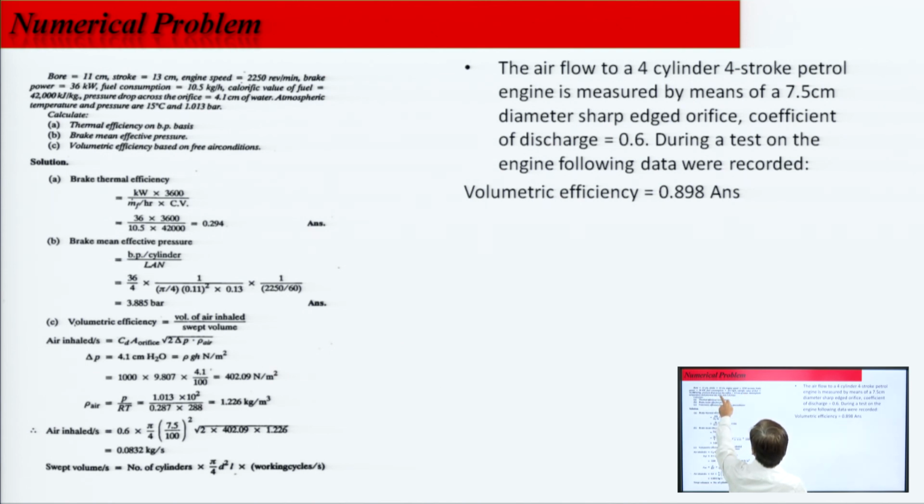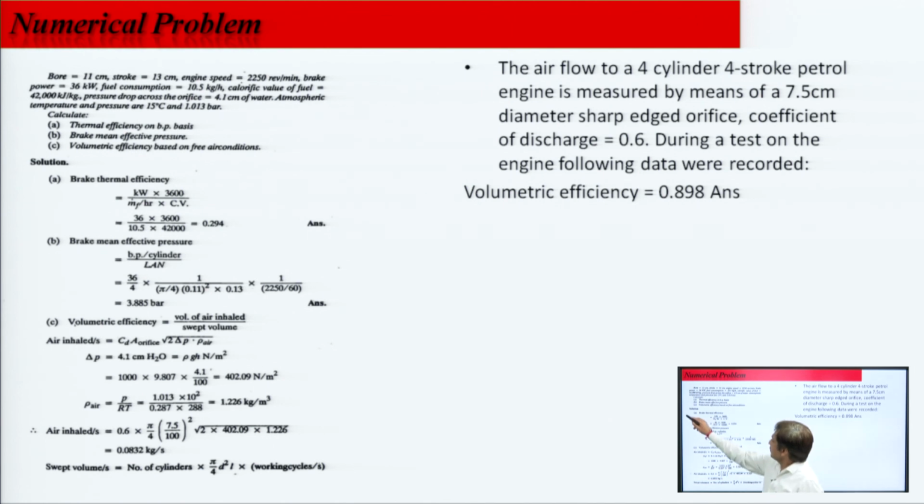The pressure drop across the orifice is 4.1 centimeter of water, atmospheric temperature and pressure are given to you. Calculate the thermal efficiency on brake power basis, that is brake thermal efficiency, brake mean effective pressure, and volumetric efficiency based on the free air conditions.